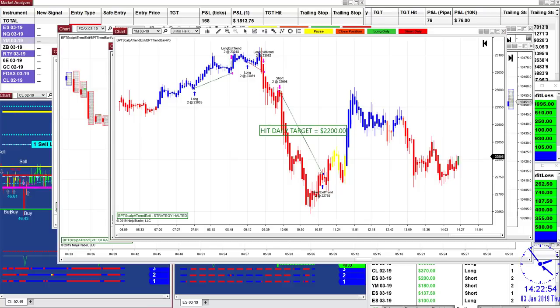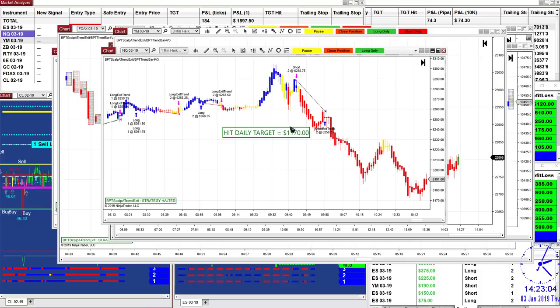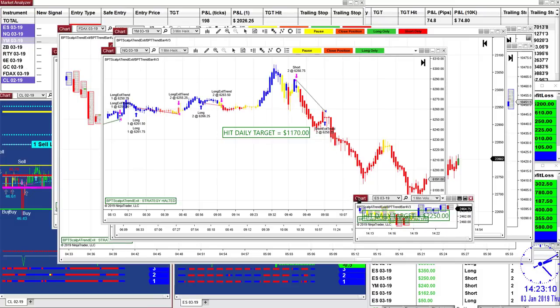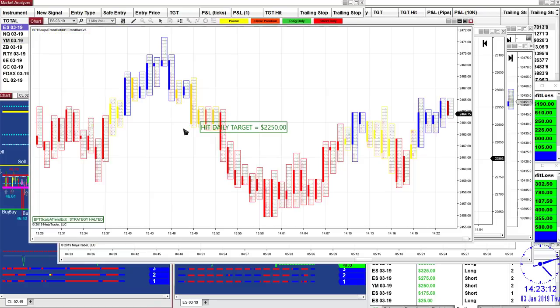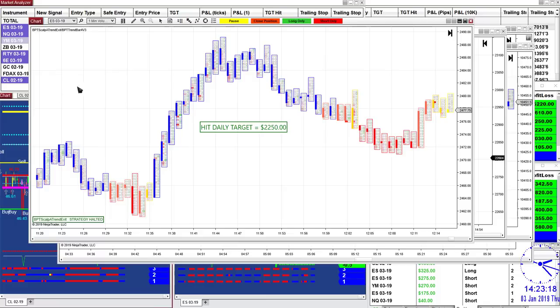Let's look at different charts. This is the 1 minute, 1,100 on the swing trading. $2,200 on the ES, 1 minute.